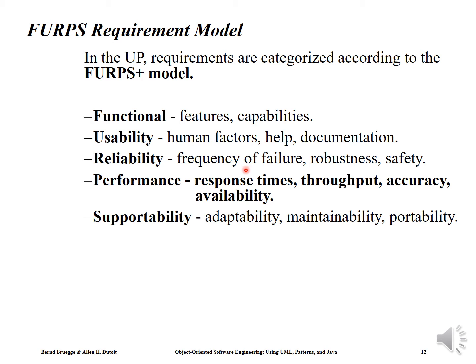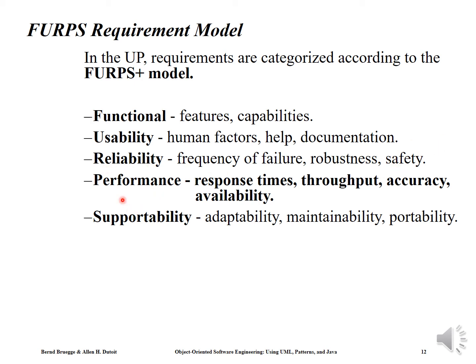It includes robustness, which is the degree to which a system or component can function correctly in the presence of invalid inputs, and safety, which is a measure of absence of catastrophic consequences in the environment, how safe it is to use the system.